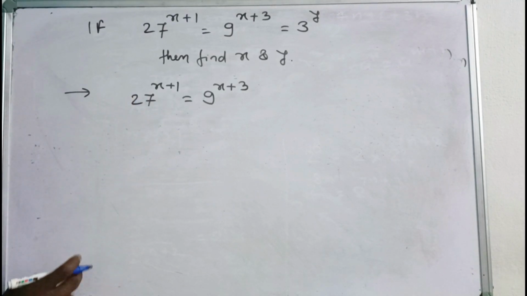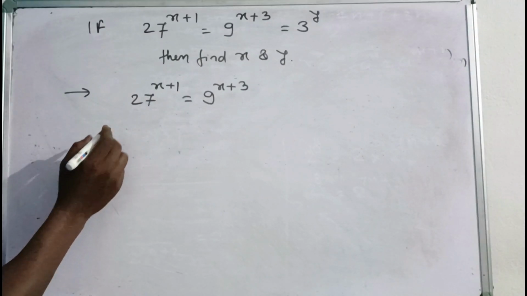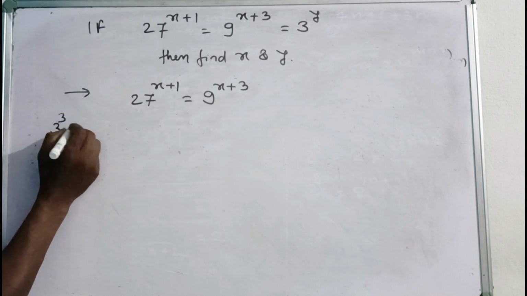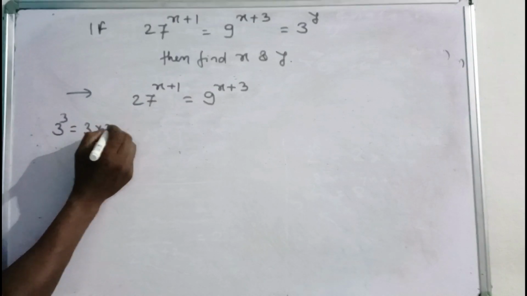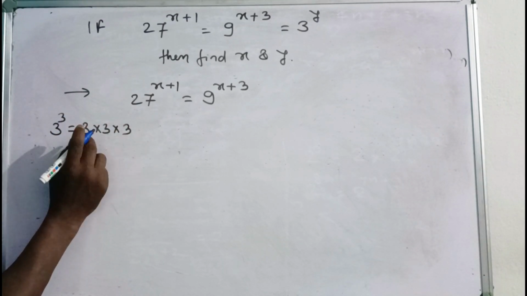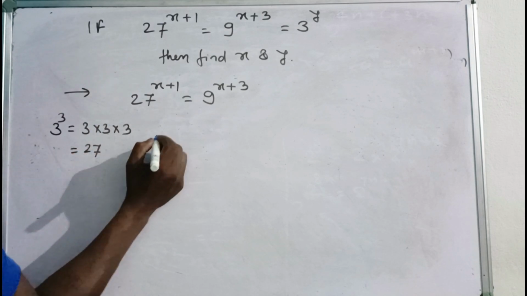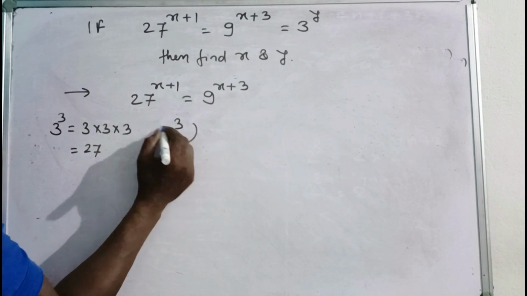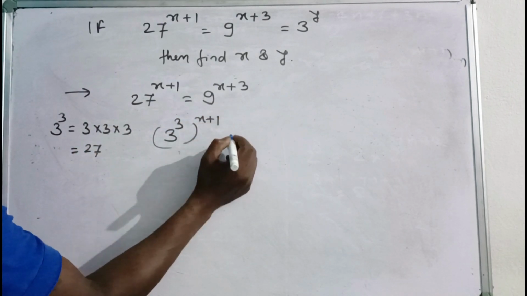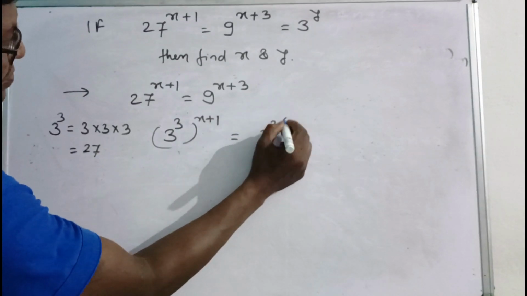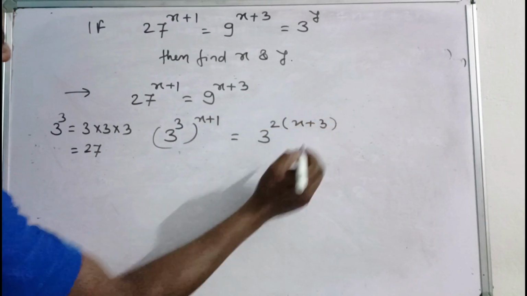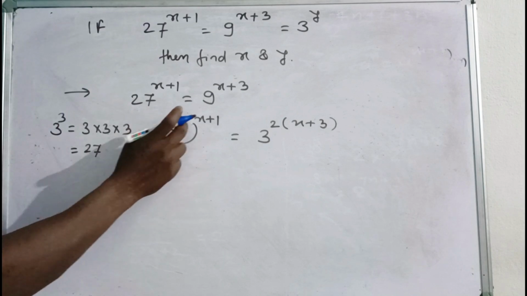27 is the third power of 3, 3 raised to the power 3, that is 3 into 3 into 3. So 3 raised to the power 3 raised to the power x plus 1 is equal to 3 square raised to the power x plus 3.